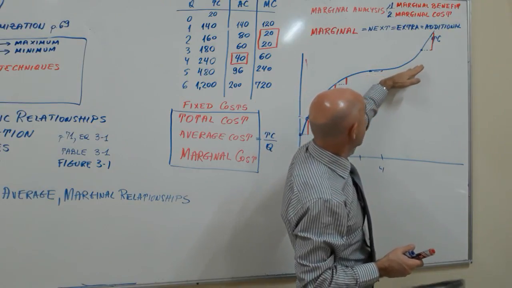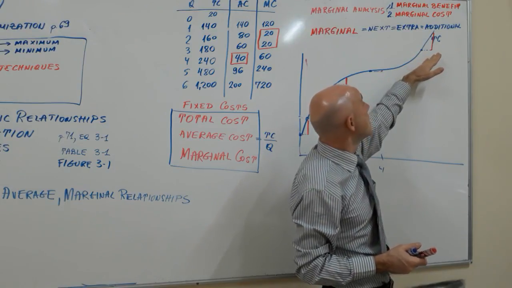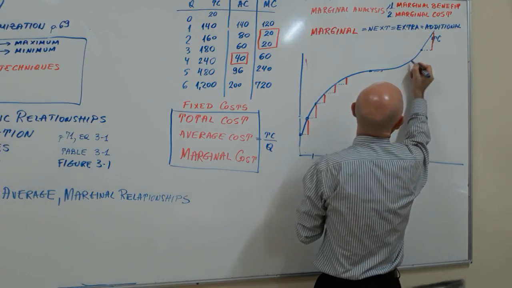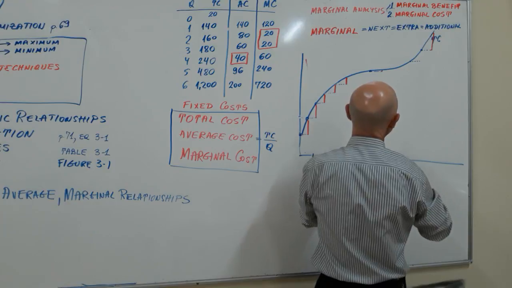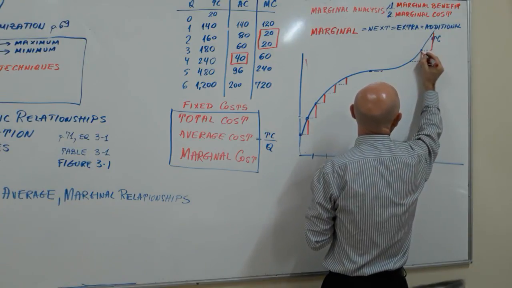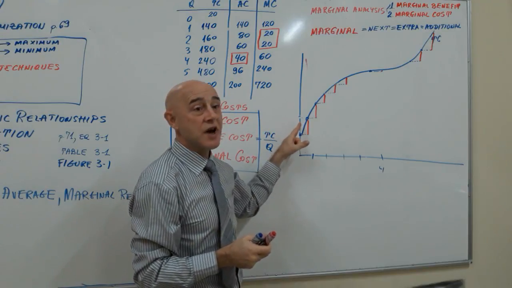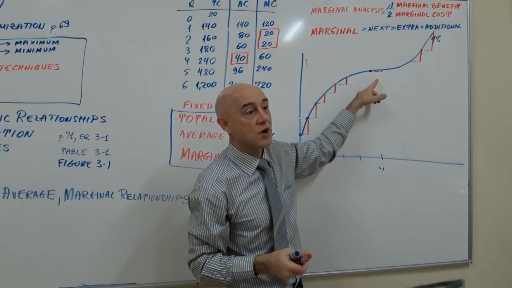Then the slope rises again, marginal cost rises too. Okay? So rising slope, rising marginal cost; falling slope, falling marginal cost.